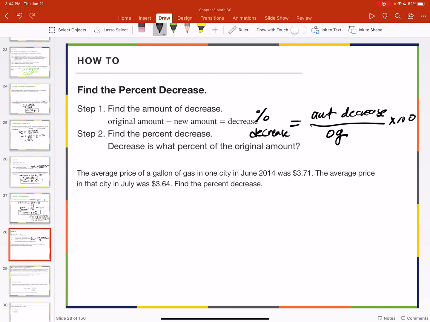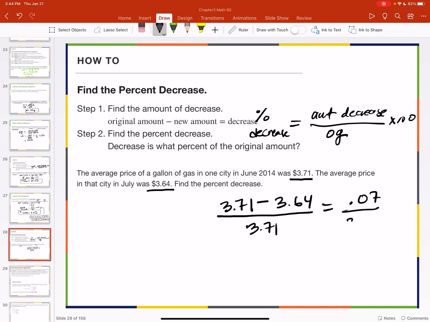Okay, so the average price of a gallon of gas was $3.71. The average price in the city in July was $3.64. Find the percent decrease. So the original was 3.71. The new price is $3.64. So first let's go ahead and find the amount, which is $3.71 minus $3.64, and that's going to be 7 cents.